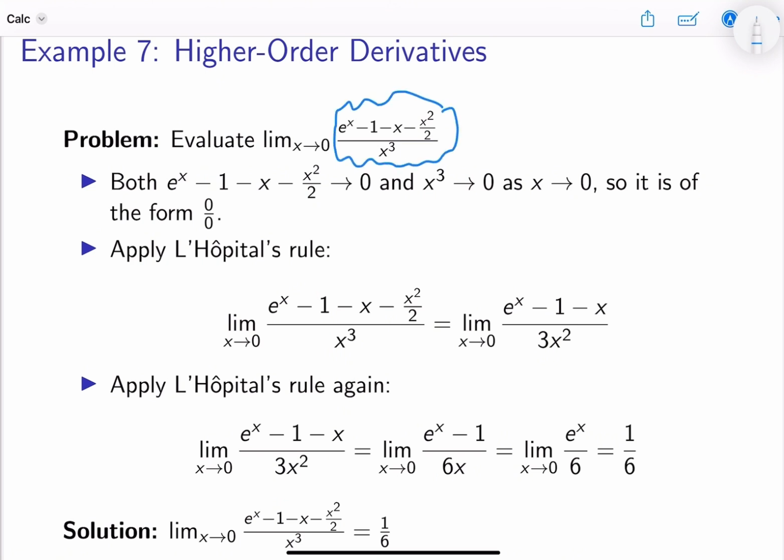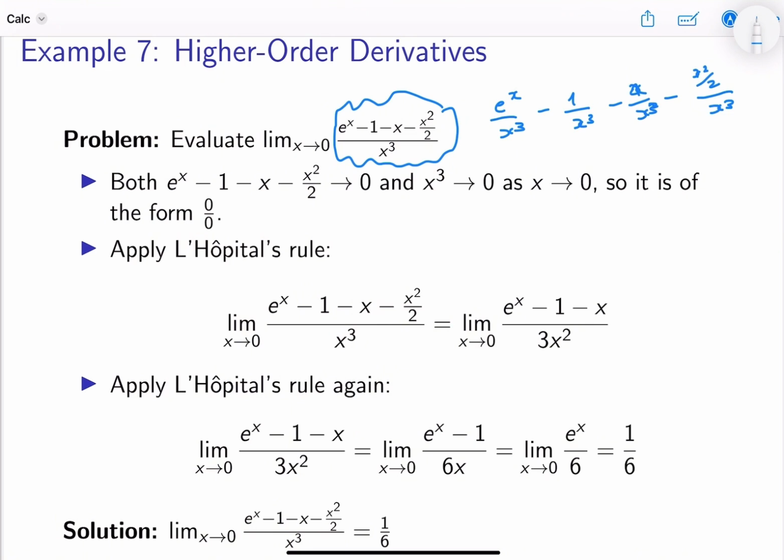If we separate the fractions and write this as e^x over x^3 minus 1 over x^3 minus 1 over x^2 minus x^2 over 2, written as such, it's not clear what the limit is, right?